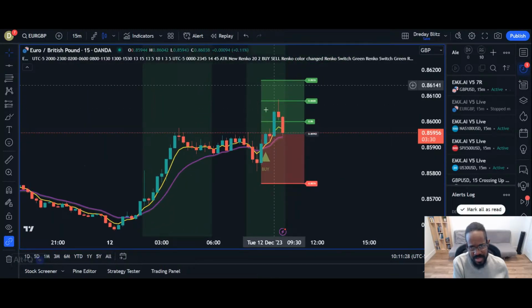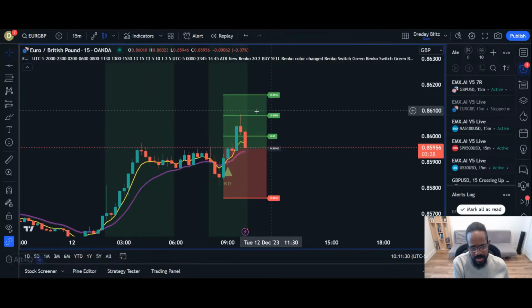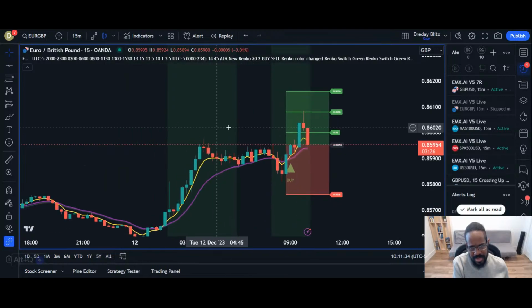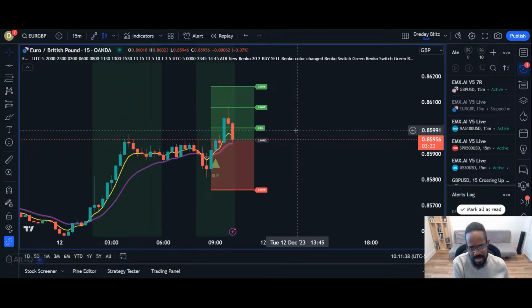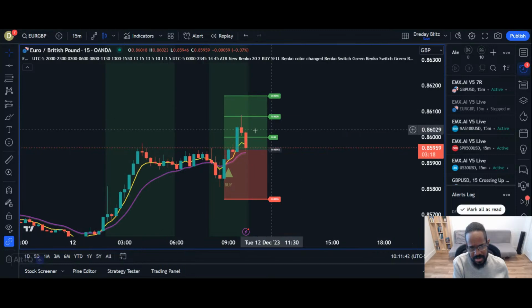So basically, this point here should be the high of the week right now. Everything that the CPI news did should be the high. So we'll see how it goes.